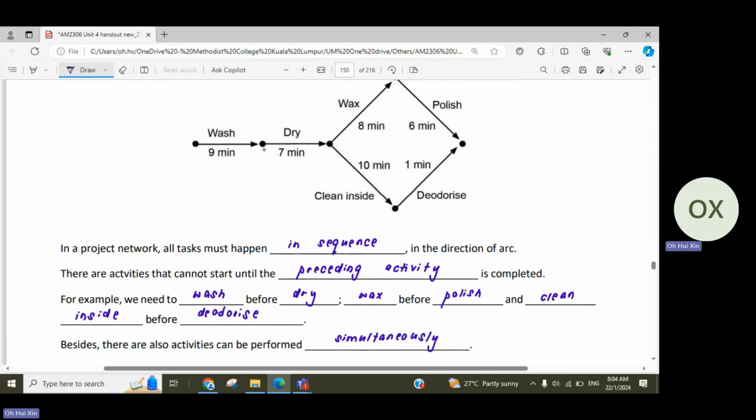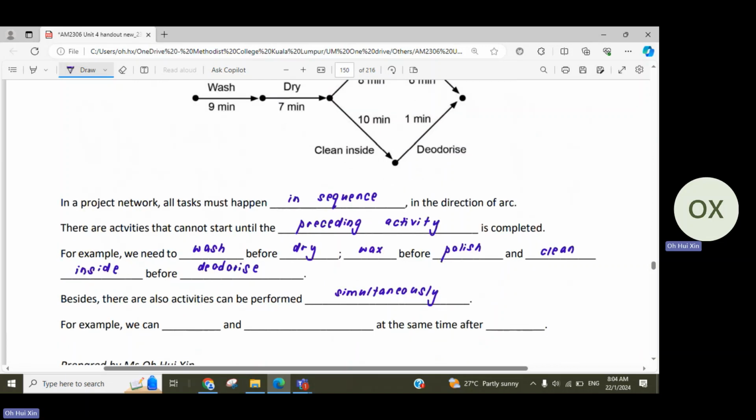For example, after you dry the car, you can actually do waxing and also clean inside at the same time, given the situation where you have enough manpower. So we can wax and also clean inside at the same time after drying.